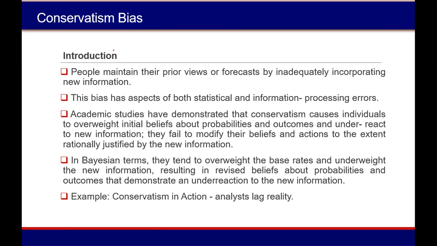We do not like to change our views. This bias has both a statistical perspective and an information processing perspective. First of all, let me give you an example so that you will get the remaining ideas.